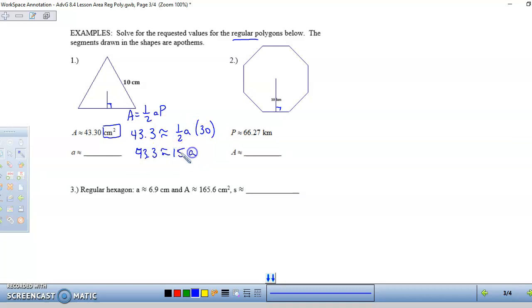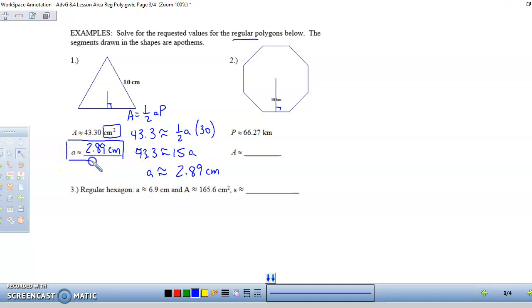So 15A, and then you divide by the 15. And you should get 2.89. This is a linear measurement, so it's centimeters. The other thing, I did 2 decimal places here because I was given 2 decimal places in the original problem. Generally, you do want to copy or mimic what they give you in the problem as far as decimal places.